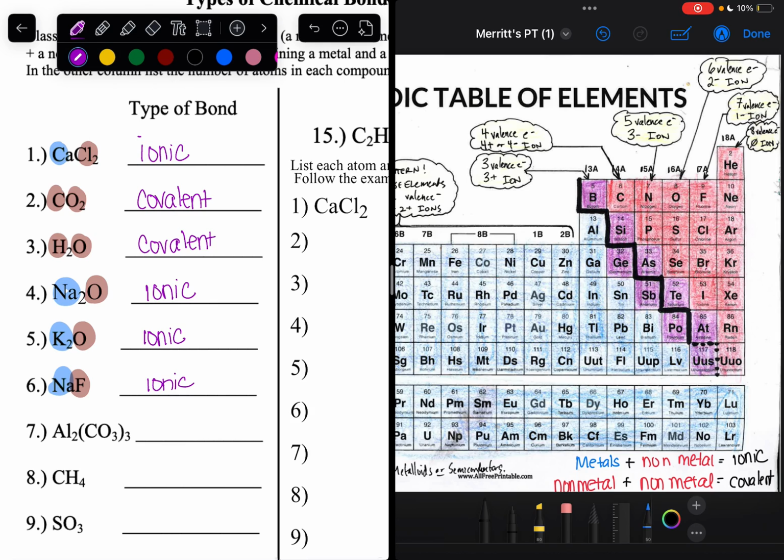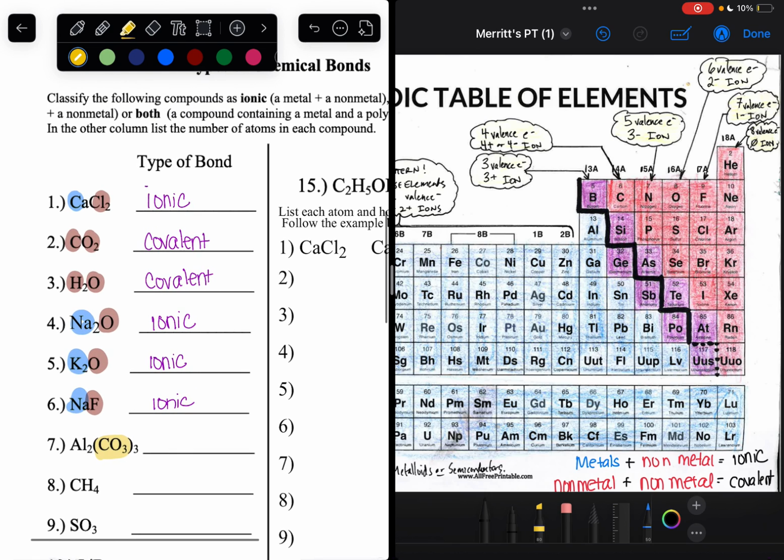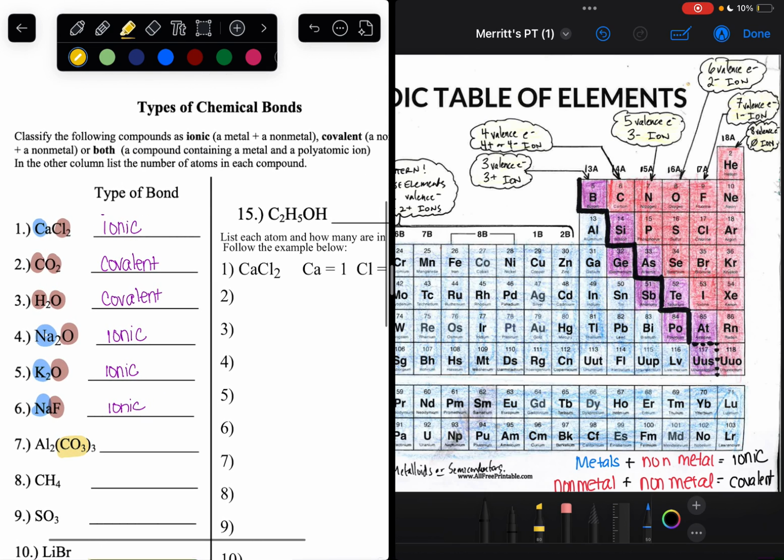All right, so you might recognize this chunk that we have here where I have parentheses because the CO3 is all bonded together. If you remember from the other day, we said that those are called polyatomic ions.